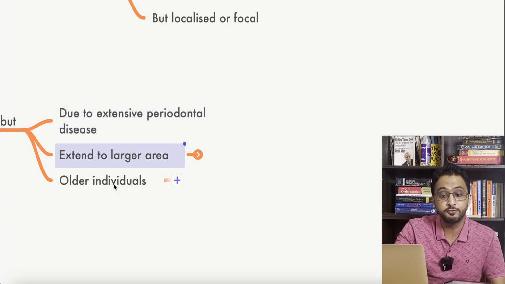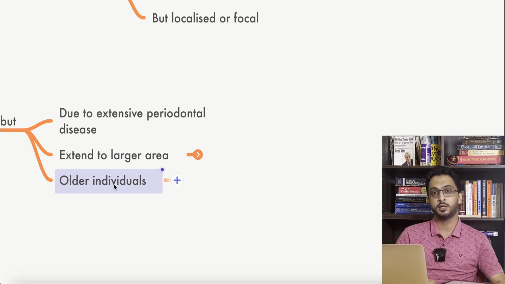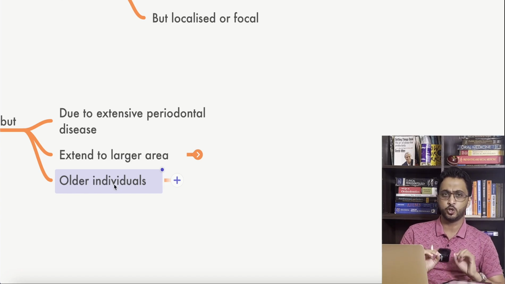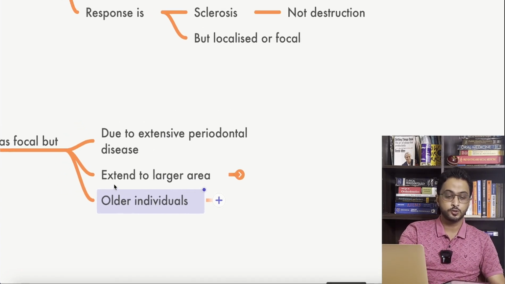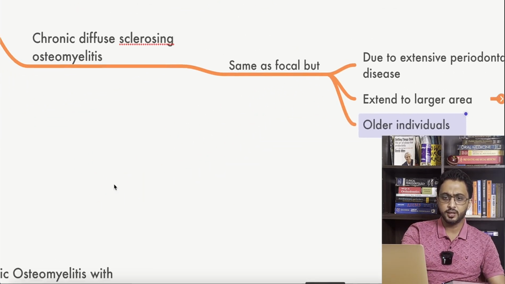It extends to larger areas, and very importantly, it's in older individuals, where a low grade infection, like low grade periodontitis or mild trauma, is involved. The focal one was in young individuals, and diffuse is in older individuals. Please understand that. That's a very important point.